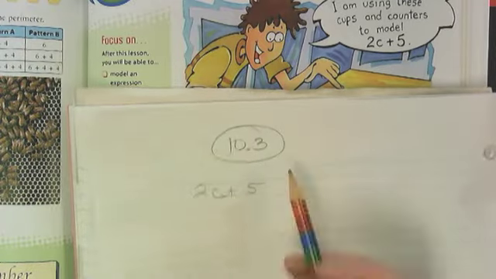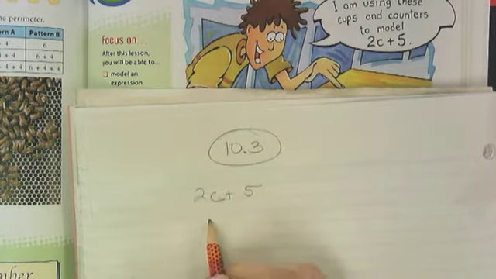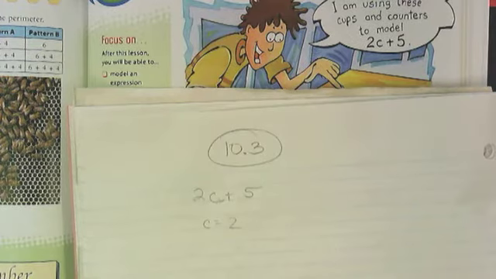So, what's my variable? C. What's my numerical coefficient? 2. Just the 2. What's my constant? 5. So, if C equals 2, if there are 2 counters in each cup, how many counters do I have in total? 4, 5. Is it 4 or is it 9? It's 9. Why is it 9?